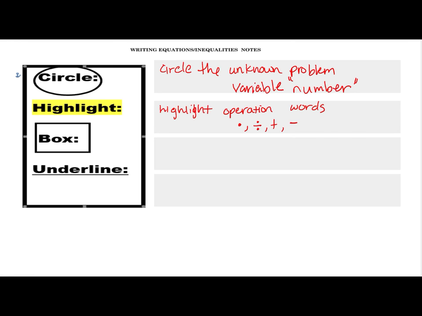And we're going to box our numbers for our coefficients and our constants. So we're going to box both of these.